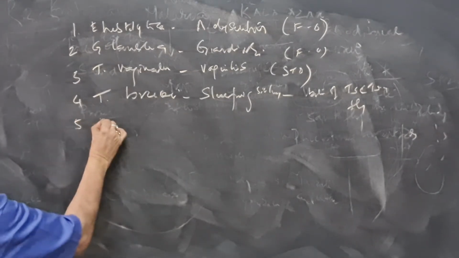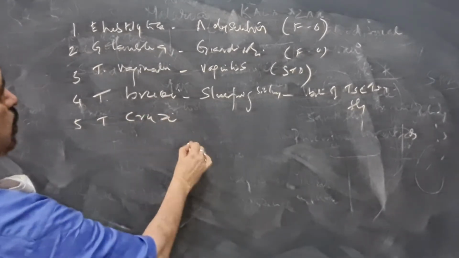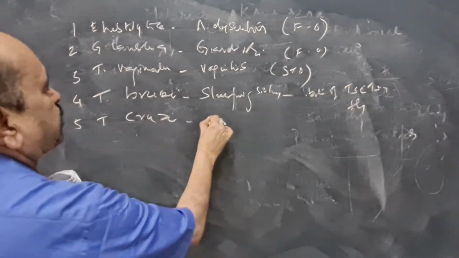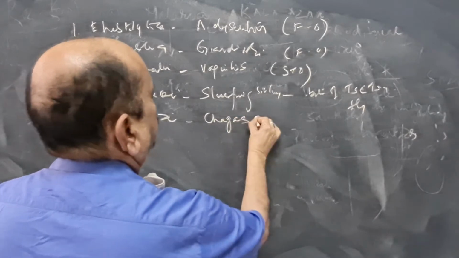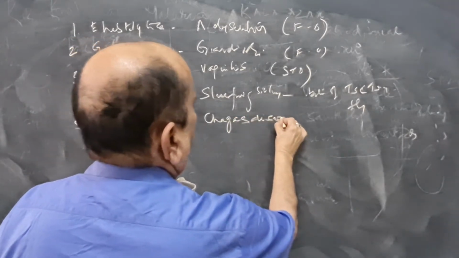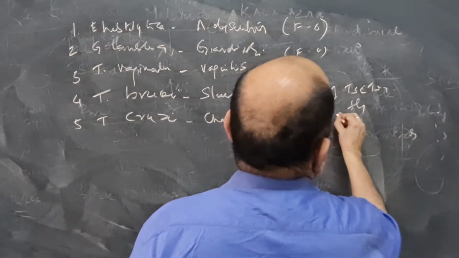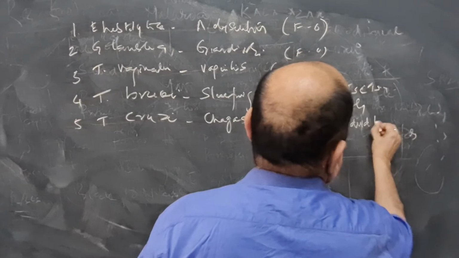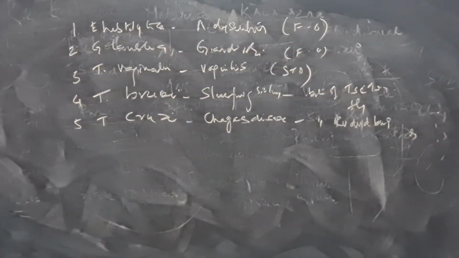Then the fifth is Trypanosoma cruzi. It gives rise to Chagas disease, by the bite of the reduviid bug.